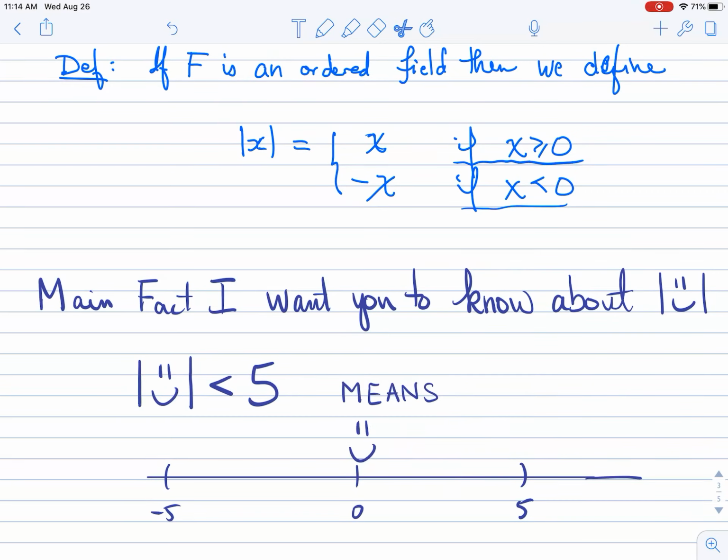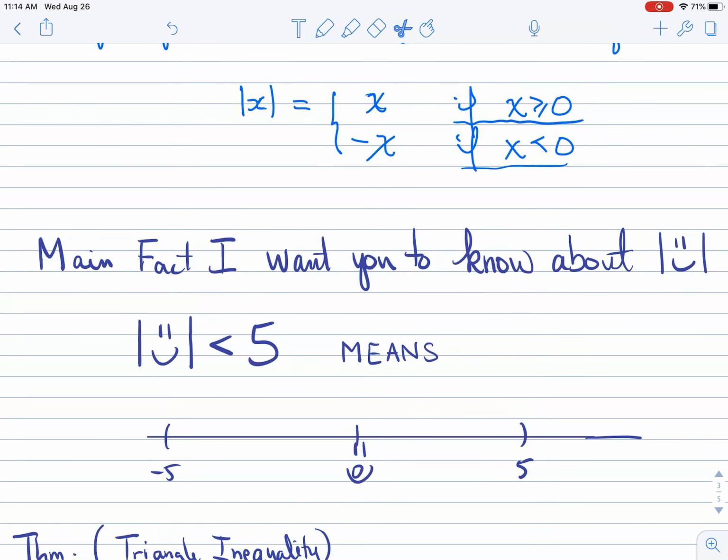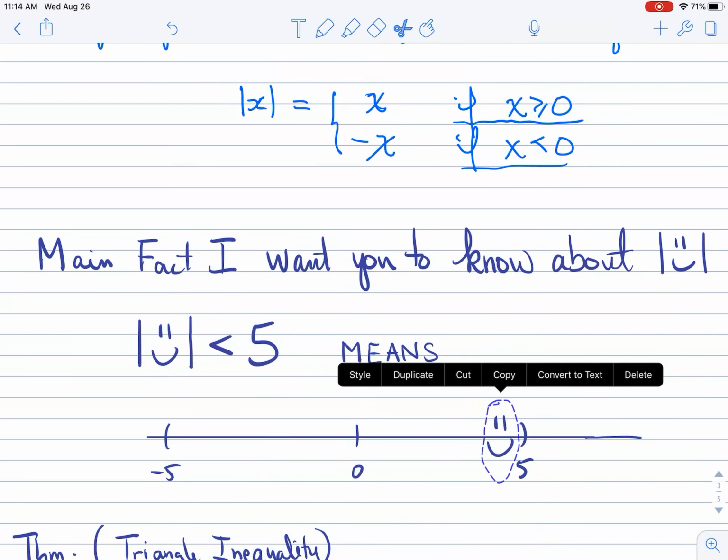Could that smiley face be 0? Is the absolute value of 0 less than 5? Yeah, it is. Is the absolute value of -3 less than 5? Yeah, the absolute value of that would be 3. What about 4.9? Is the absolute value of 4.9 less than 5? Totally. And so where could this smiley face be?